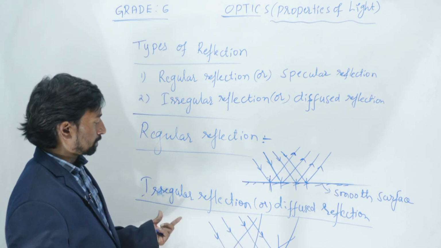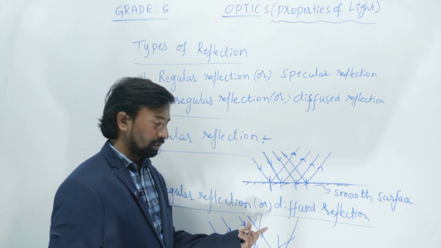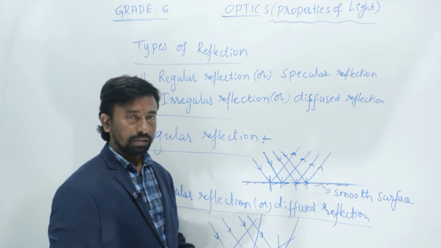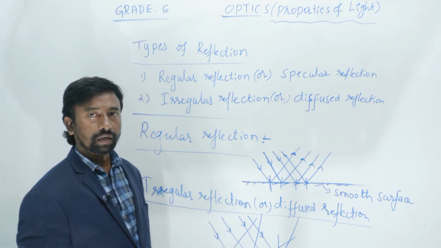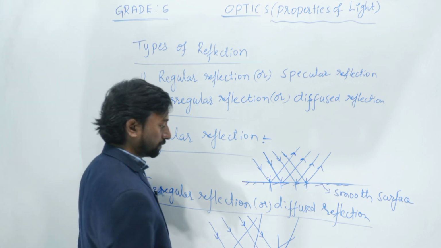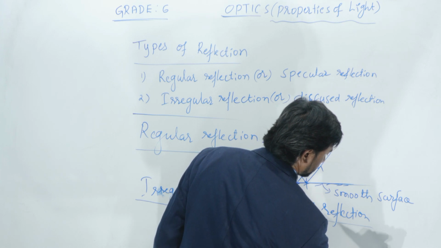The reflection in which the reflected rays are not parallel to each other when reflected from a rough surface is said to be irregular or diffuse reflection, and it takes place on rough surfaces.